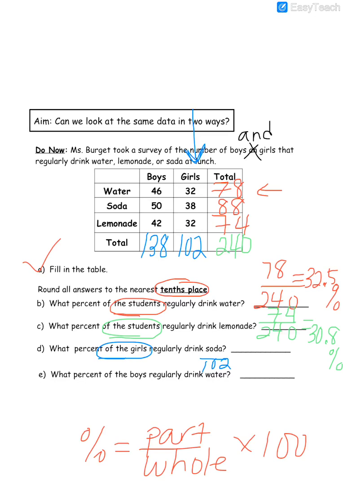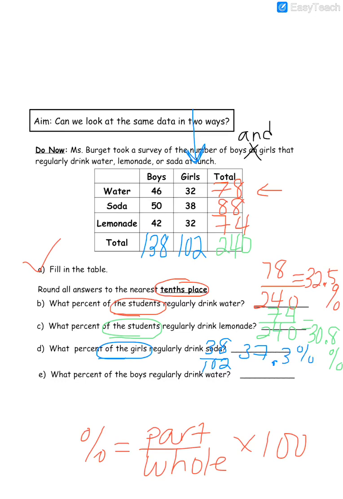I'm going to look specifically at that amount, which I'm looking right here, and it says 38 out of 102. So I'm going to divide 38 by 102, and I'm going to times it by 100, and then I'm going to round. So currently on my screen, I have 37.25490196. If I round to the nearest tenths place, I get 37.3%.